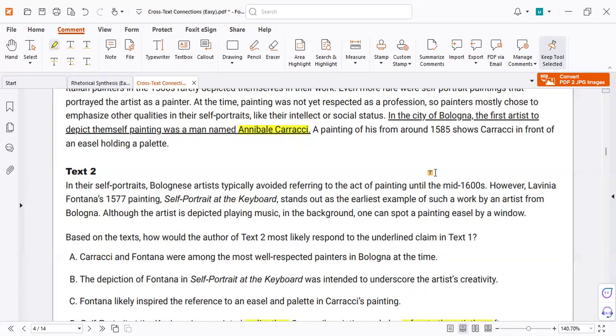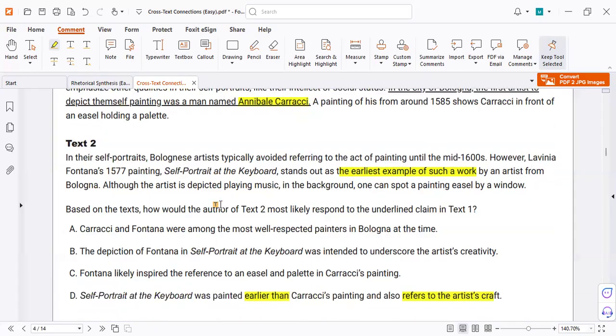However, Lavinia Fontana stands out with the earliest example of such work. So what is mentioned about the painting itself? The self-portrait. Although the artist is depicted playing music, one can spot a painting easel by the window.